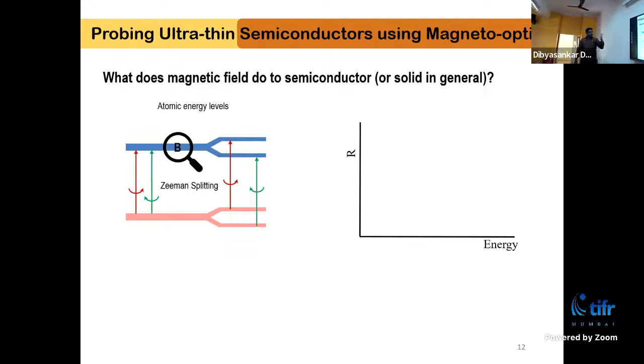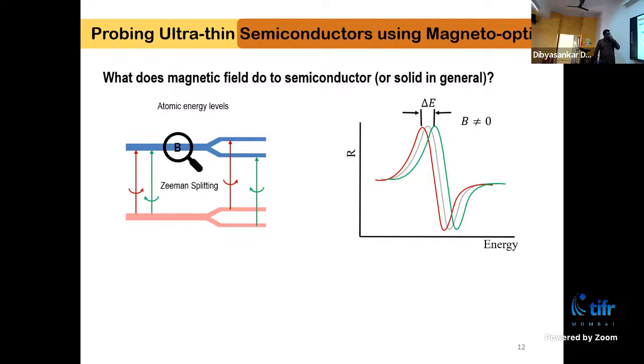In my case, my excitons in reflectivity look like that. For zero magnetic field, it doesn't matter which circular polarization you are using. But as soon as there is a finite magnetic field, there will be a splitting between the green polarized and red polarized light, with some energy difference.